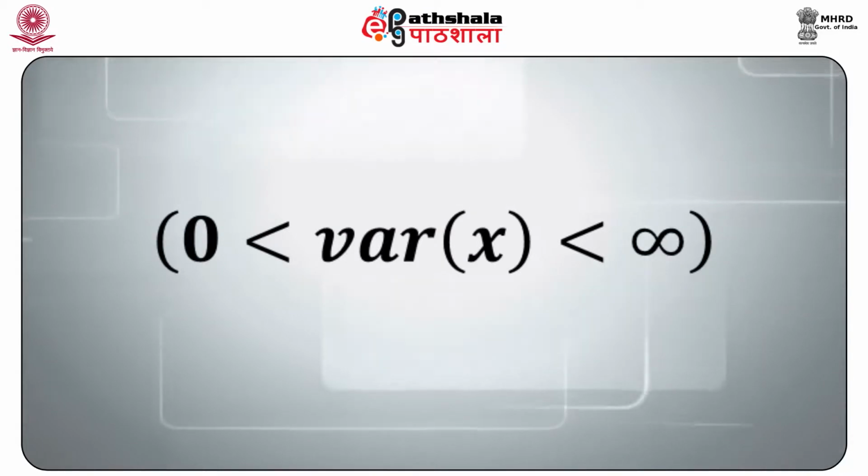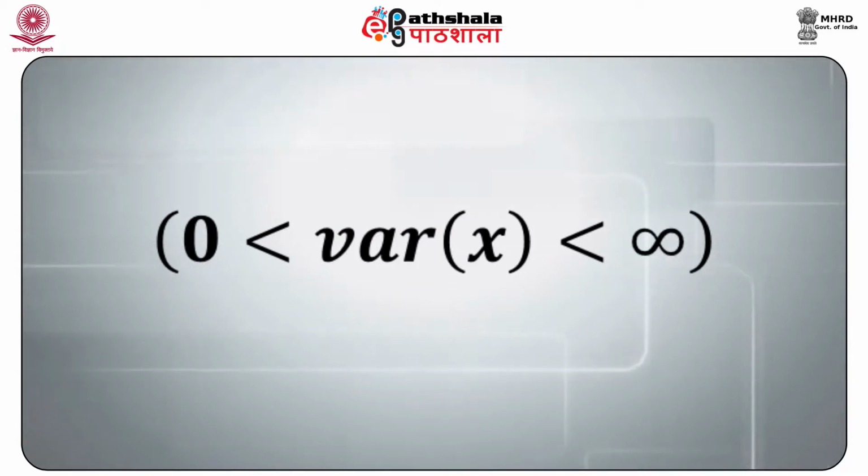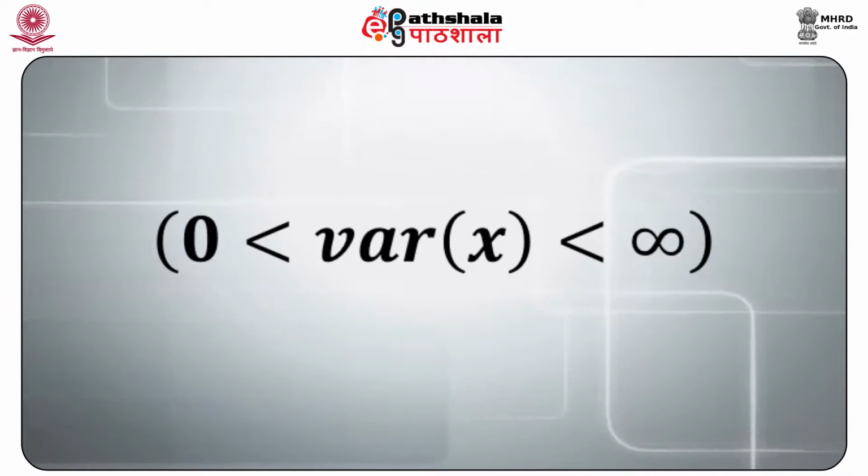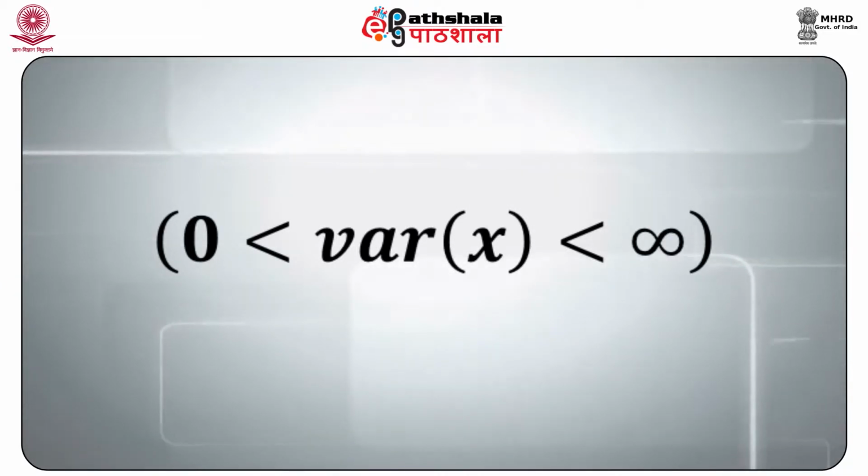Our assumption 8 is that the variance of x must be positive, which means it should be between 0 and infinity. So to find the OLS estimates, there should be some variability in the values of the explanatory variables.